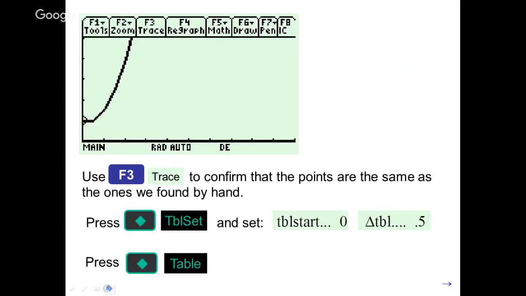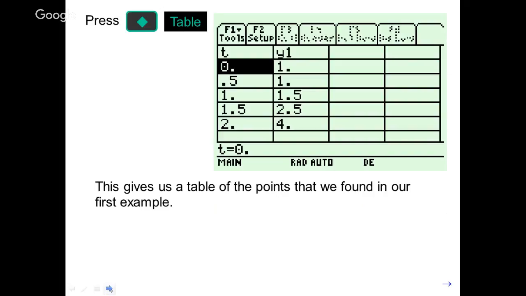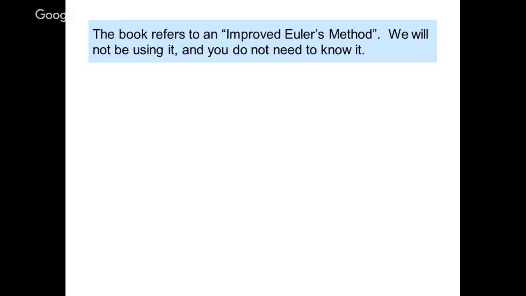All right, you go to the table and you see that you got the exact same points that we had earlier, right? Using Euler's method, using the slope to go along. So you don't have to know that.